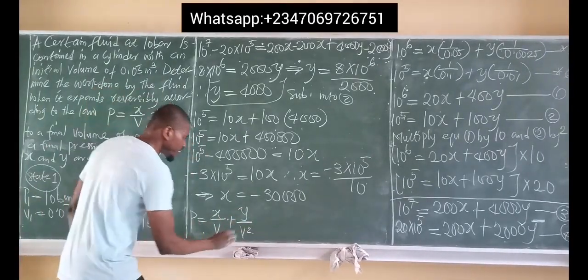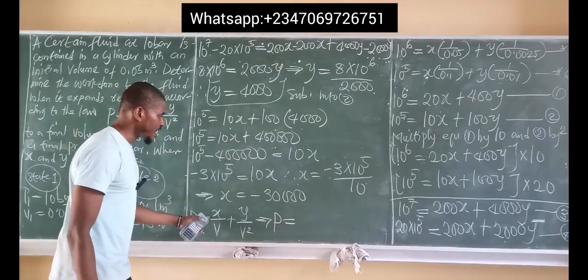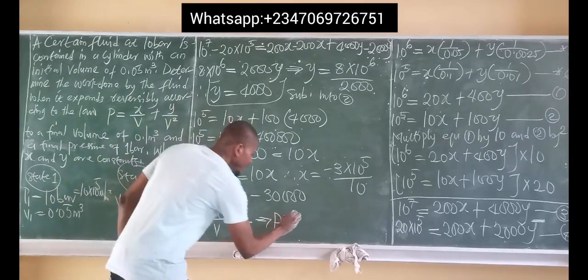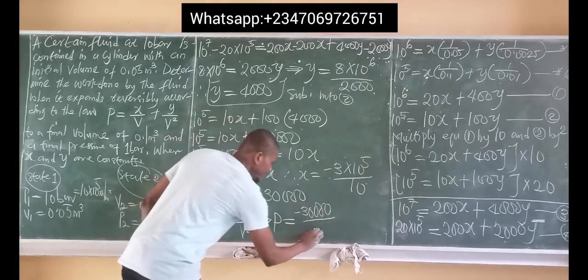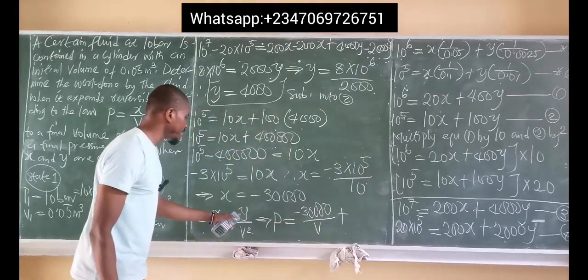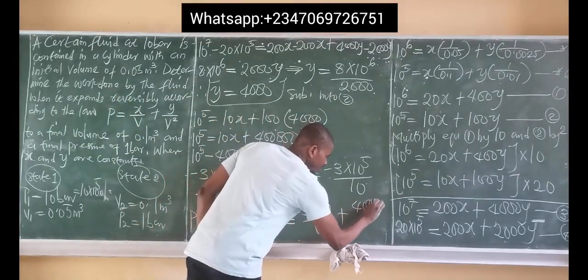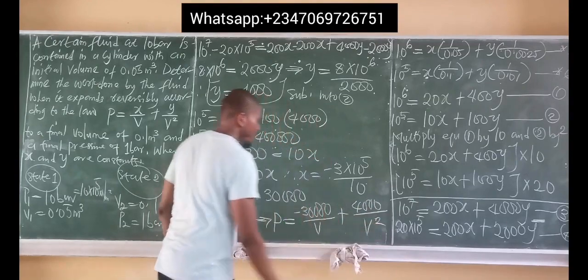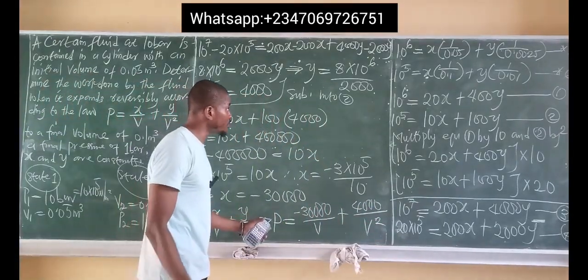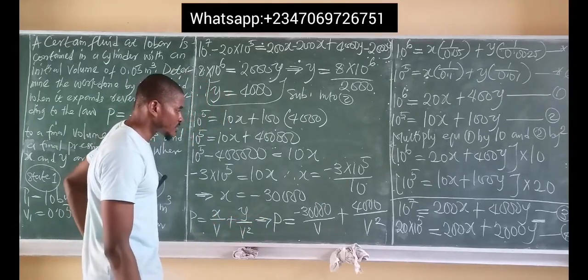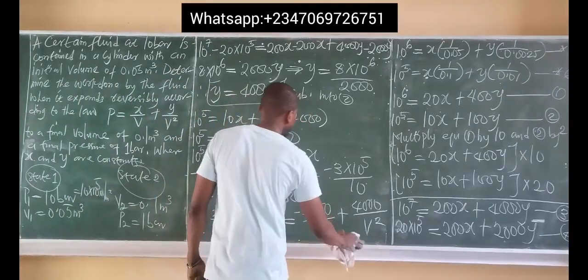So the law is now P equal to minus 30,000 all over v, plus 4,000 all over v squared. This becomes now the law. So this is what we are going to be inputting into the equation for work done to find the value of our work done. Okay, so we can start our calculation now.